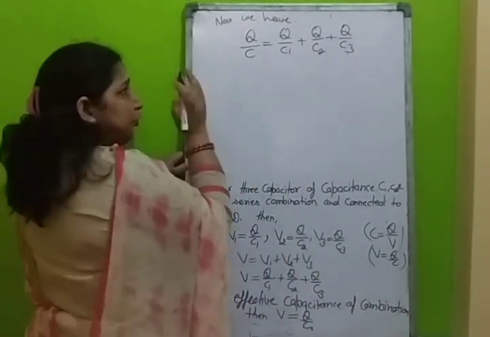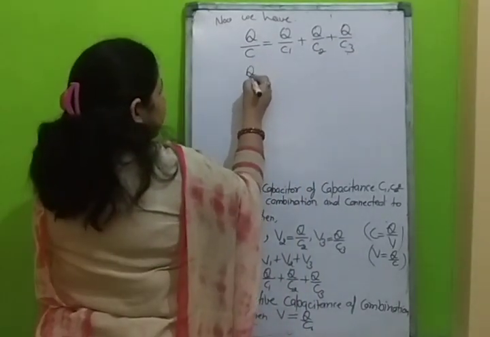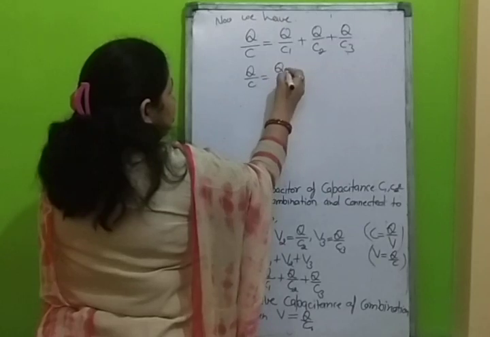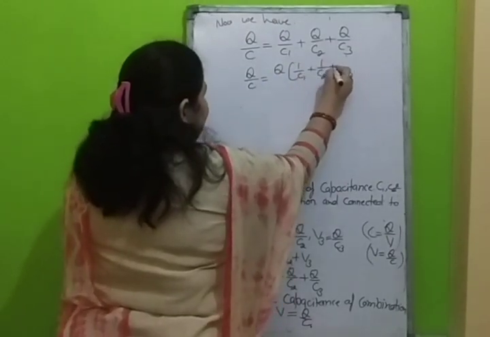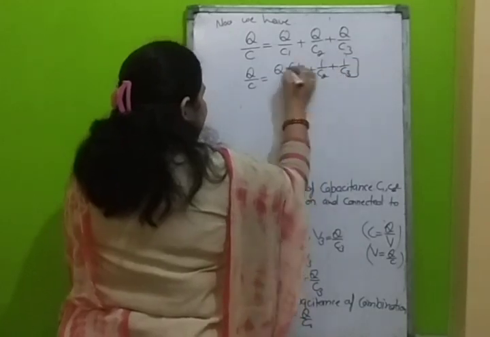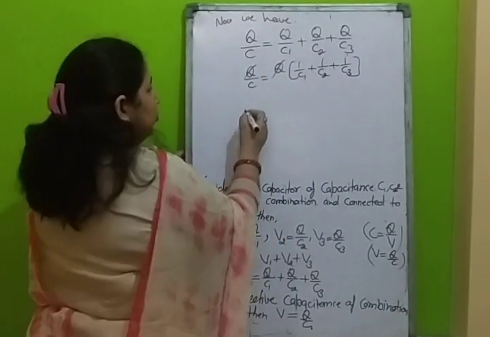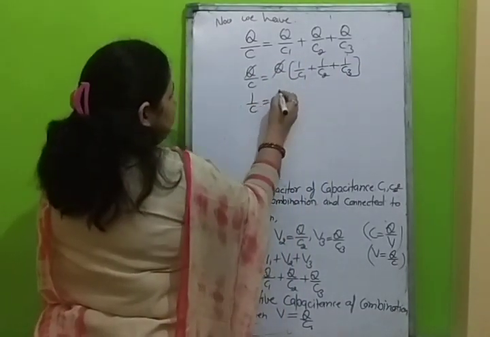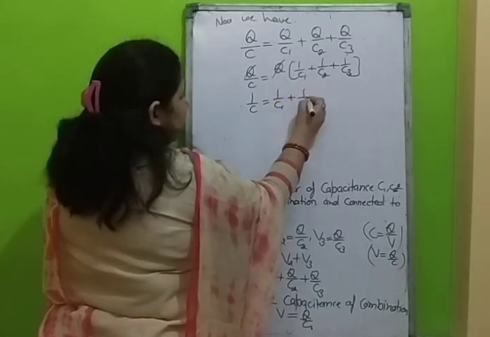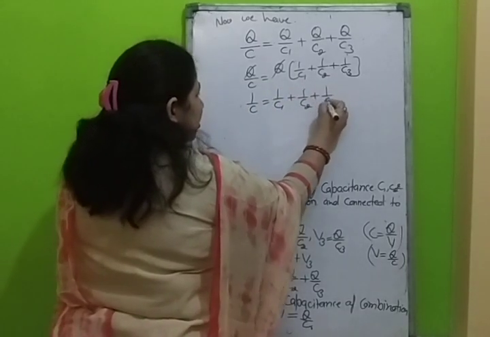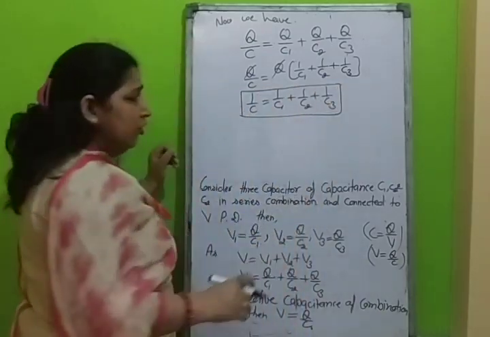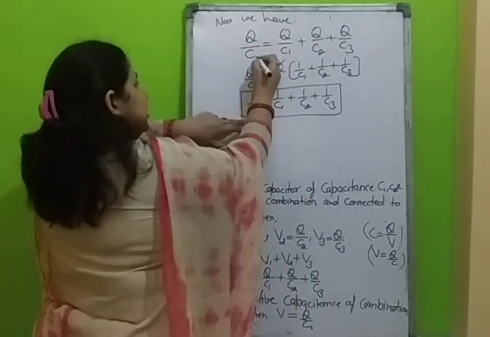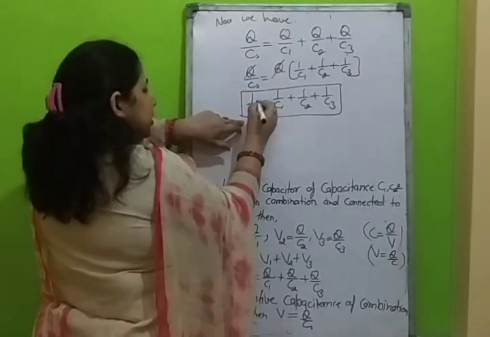Take the common term Q, then we have Q upon C is equal to Q times 1 upon C1 plus 1 upon C2 plus 1 upon C3. These Q cancel out. Then 1 upon C is equal to 1 upon C1 plus 1 upon C2 plus 1 upon C3. This is the relation for effective capacitance of series combination.